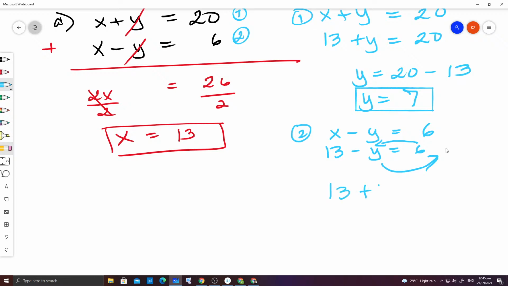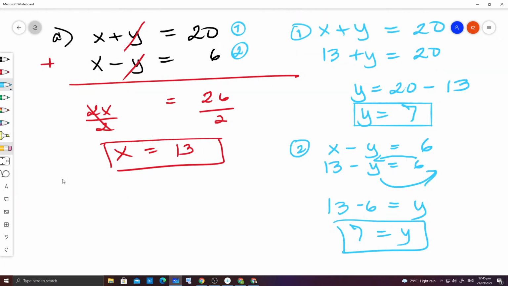So 13 minus 6 equals positive y, so we have 7 equals y. As you can see, whether you use number 1 or 2 to find the other value of x or y, you can have the same answer as long as your solutions are correct. Choose only one. Don't answer both equations.